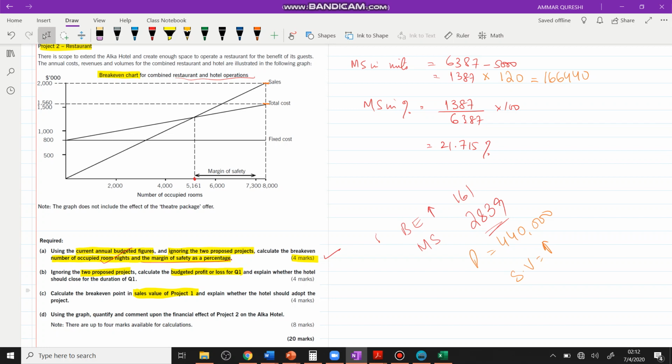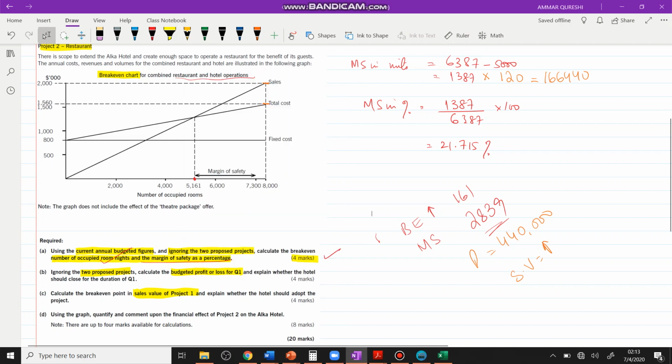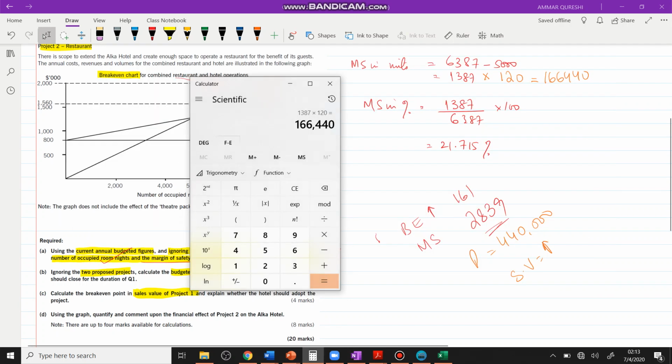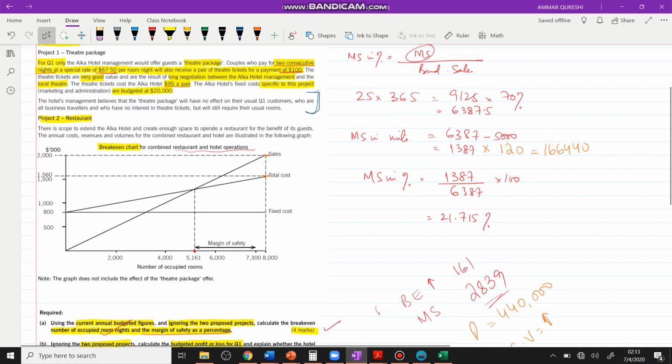Sales volume is expected to increase, because you are selling 8,000 room nights, right? So 8,000 divided by, what was the total? 9125.